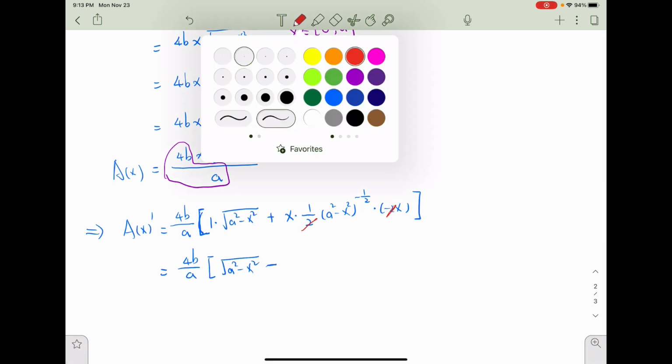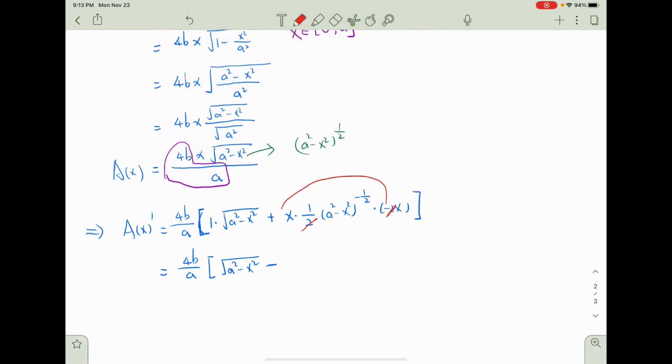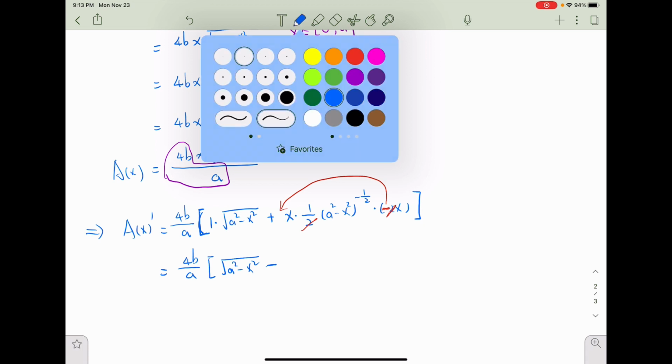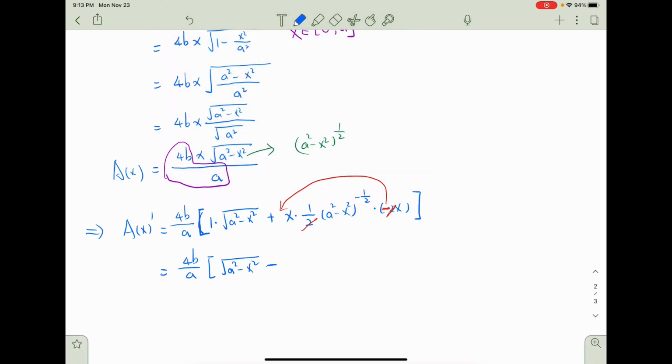I mean, the negative sign is here. So we have x squared times this negative 1 over 2 exponent, and the exponent turns into the square root in the denominator.